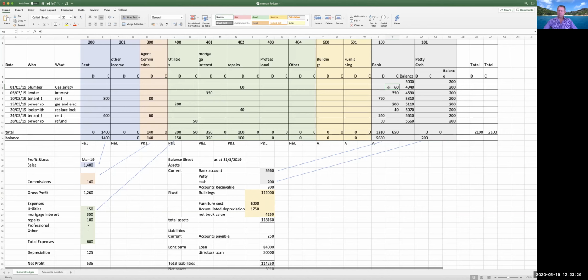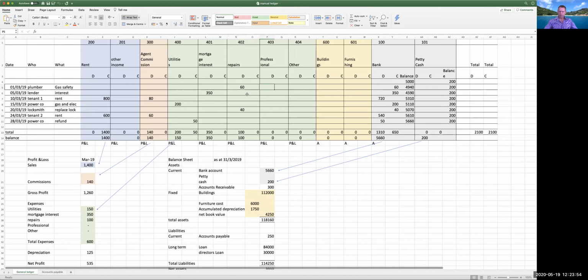But then you've got to decide, what is that £60 for? And you know it's for the gas safety from invoices or records that you've got, or from the description on the bank statement. And therefore, we have an account here called repairs. So we're going to debit the repairs account with 60.